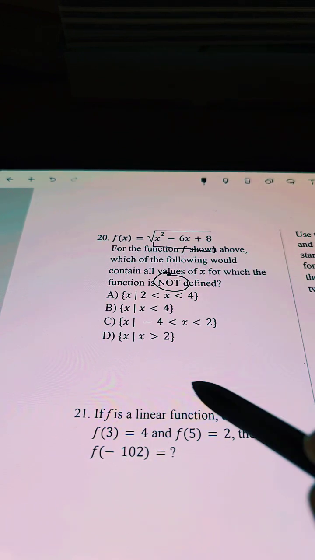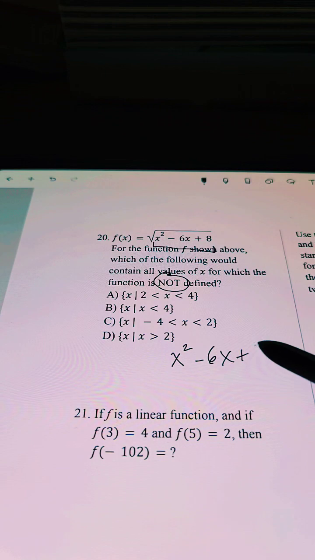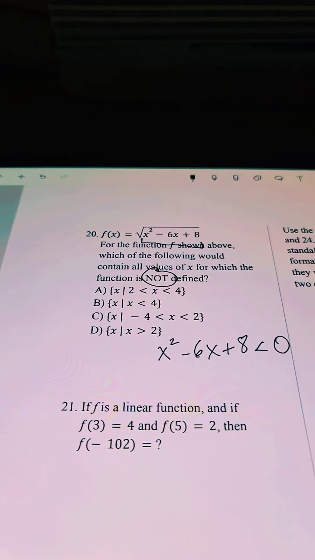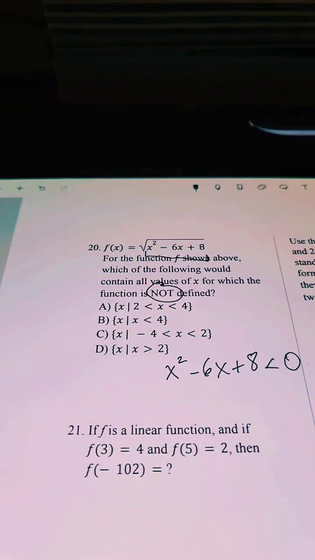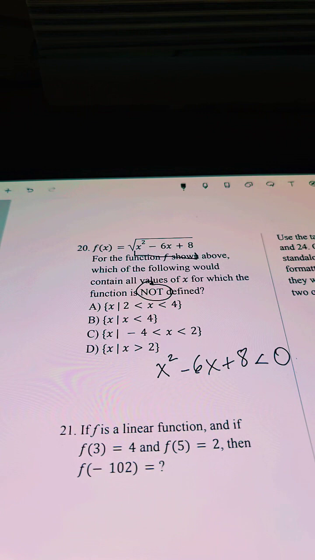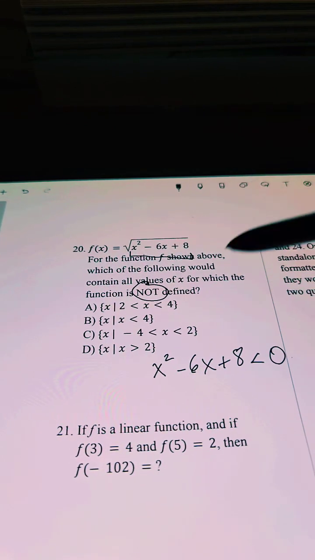So we have to say, okay, when is this going to equal a value that is less than 0? I'm trying to think of what the fastest way to do this would be. I guess it depends on if you're really good at mental math.